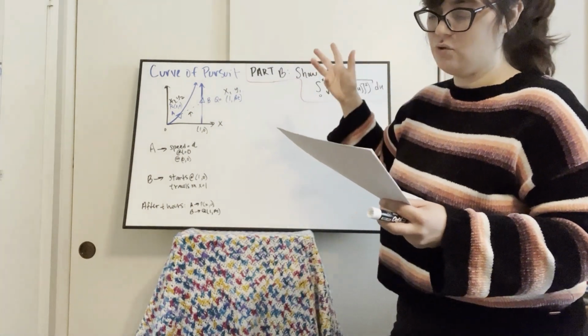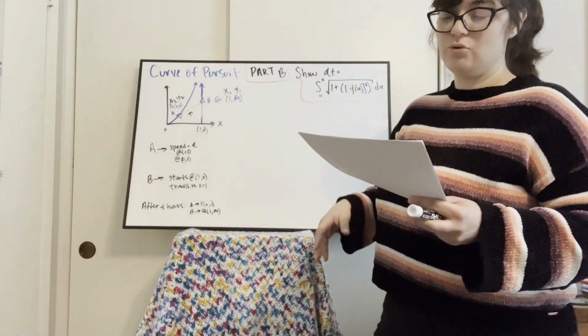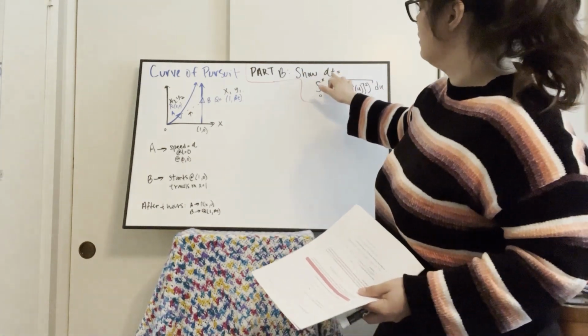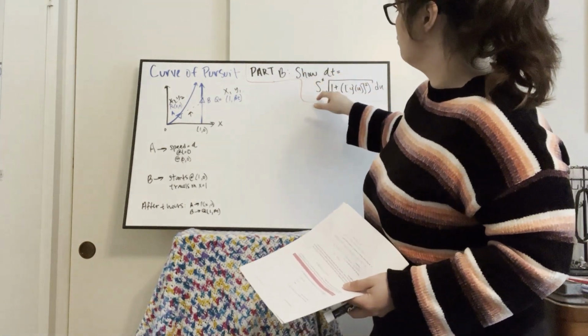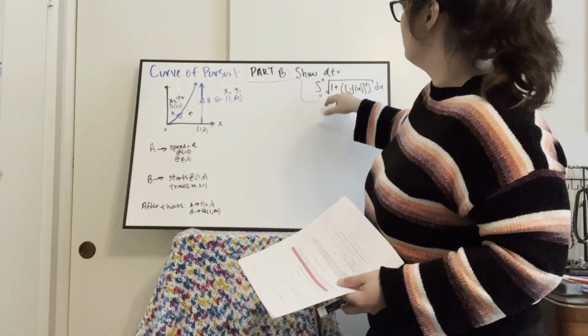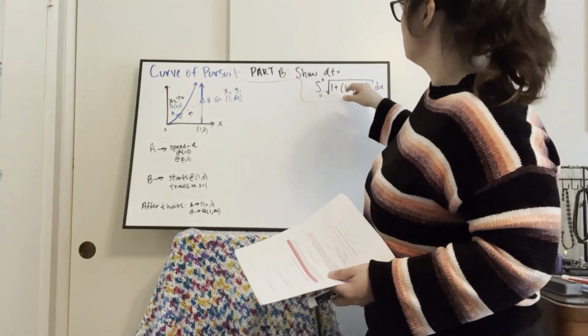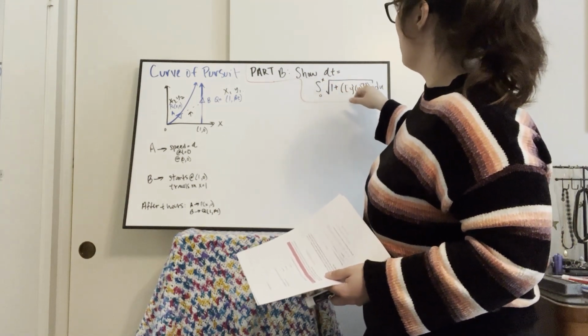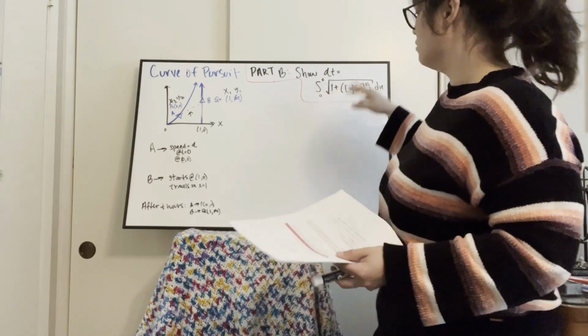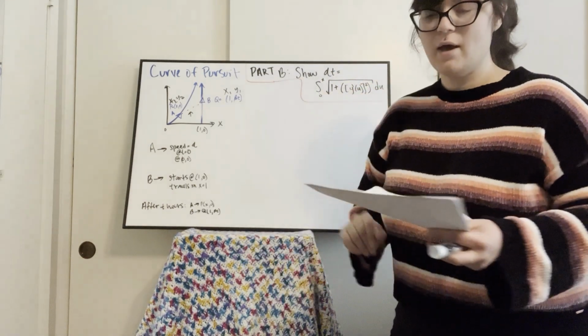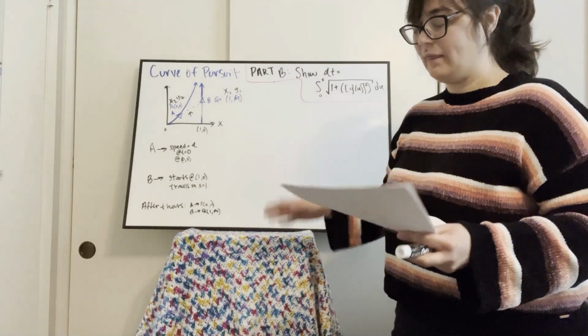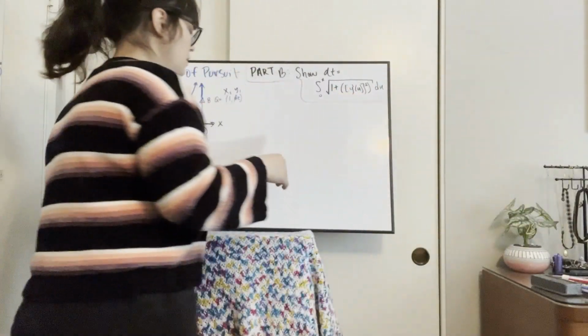So we're going to use the arc length formula to show that alpha t is equal to the integral from 0 to x of the square root of 1 plus the quantity y prime of u squared, with respect to u. To do this, we need to figure out the length of y.